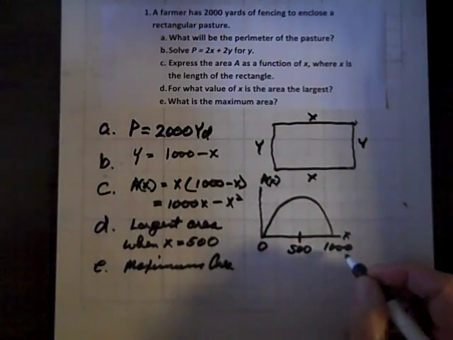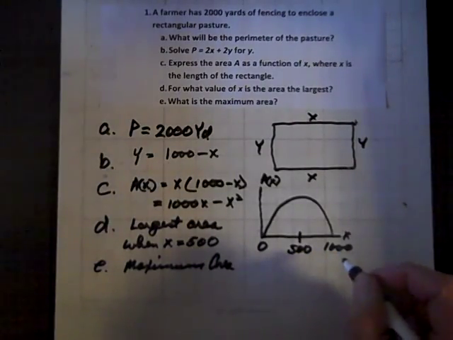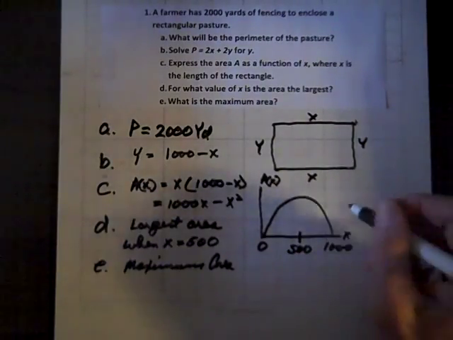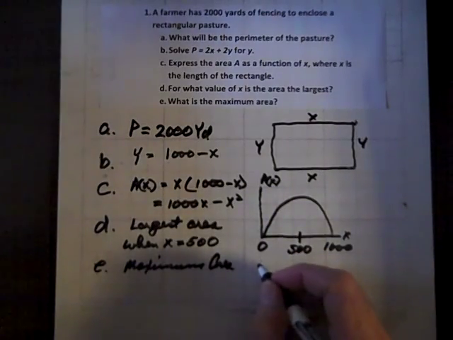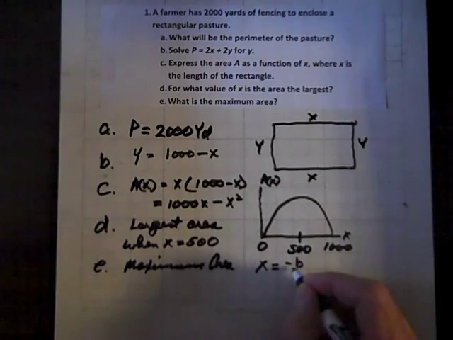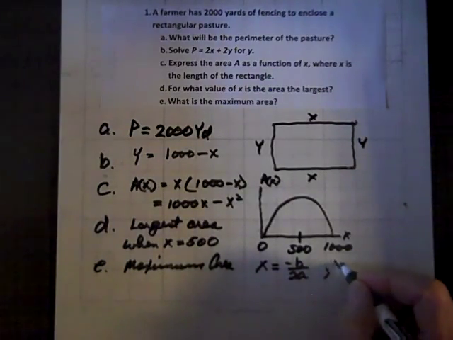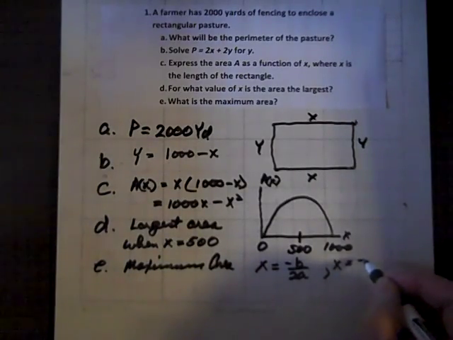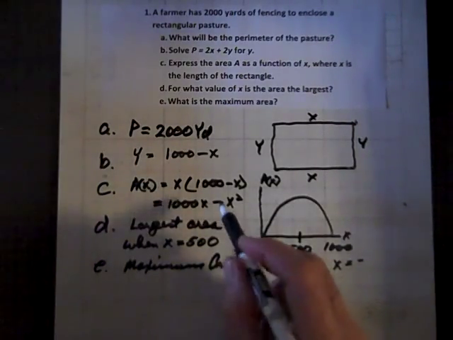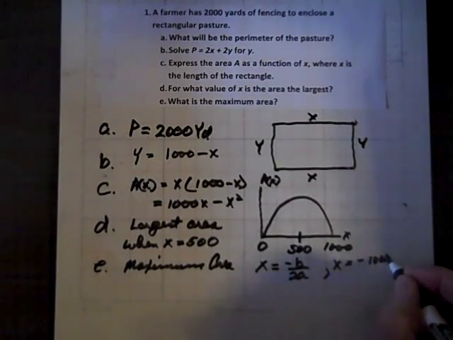And we can determine that in one of two ways. We can look at the graph, or we can use the first term from the quadratic formula, x equals minus b over 2a. Replacing b, which in this case would be 1,000, so minus 1,000.